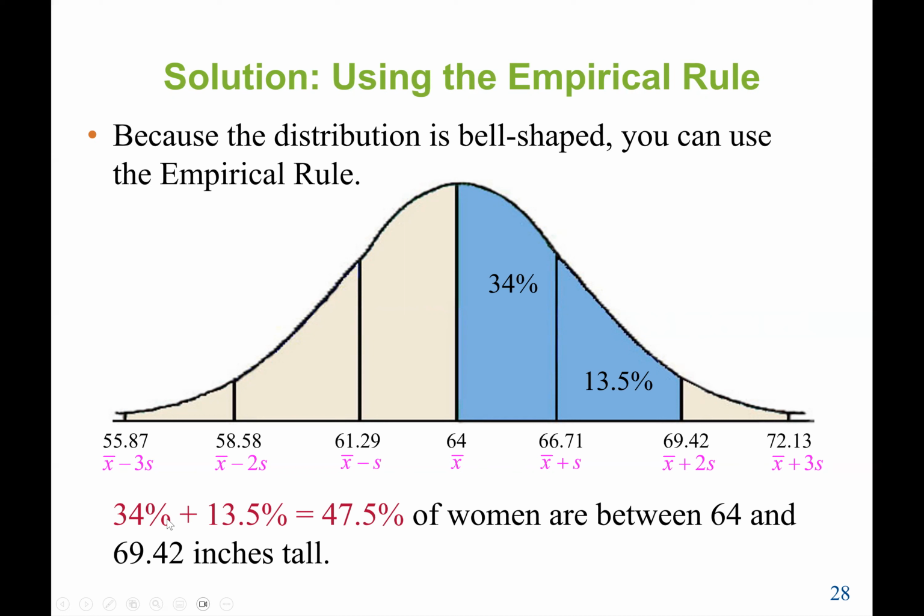So here 34% plus 13.5% will give me 47.5%, which is the shaded area here. Based on what we just calculated, we can say that 47.5% of the women are between the height of 64 inches and 69.42 inches.